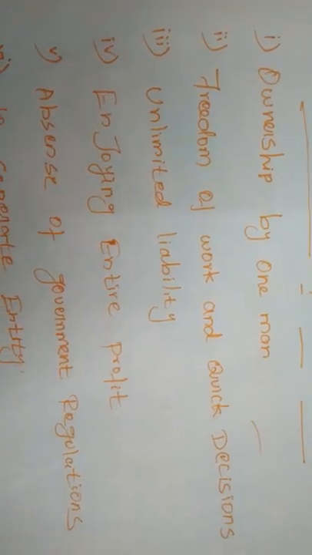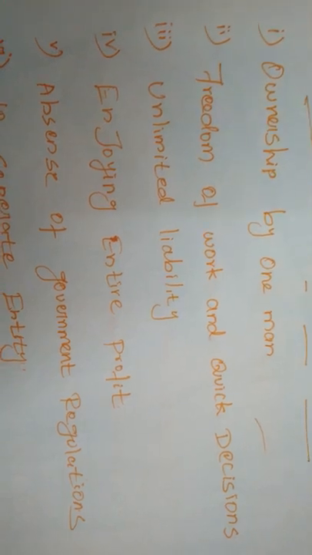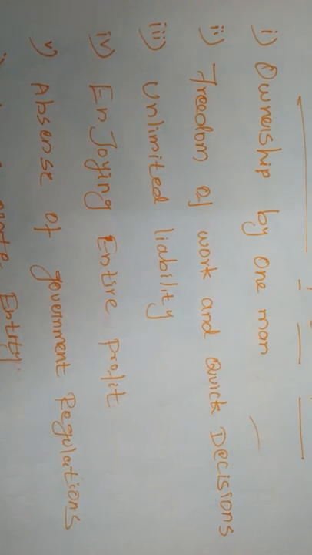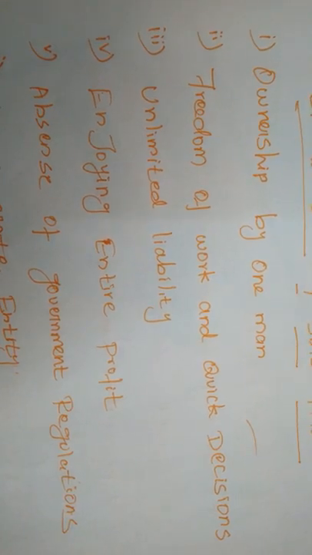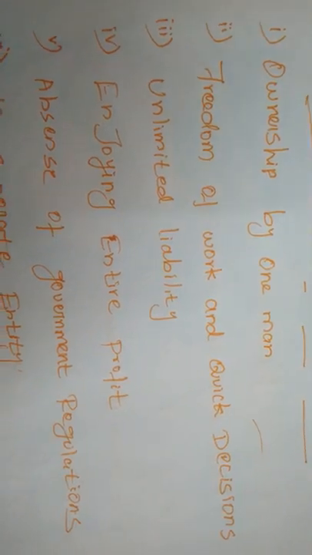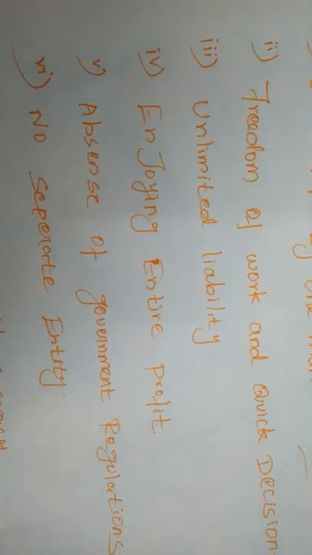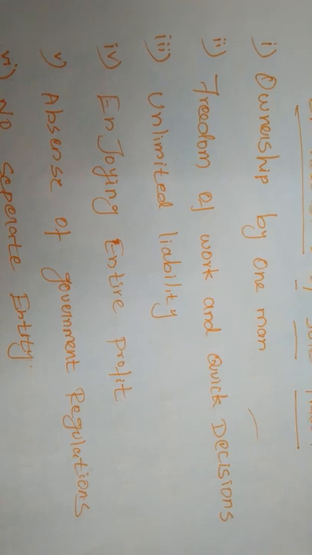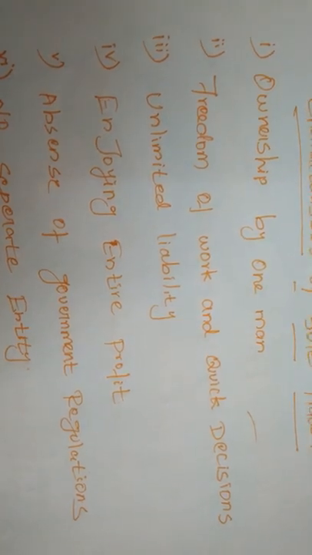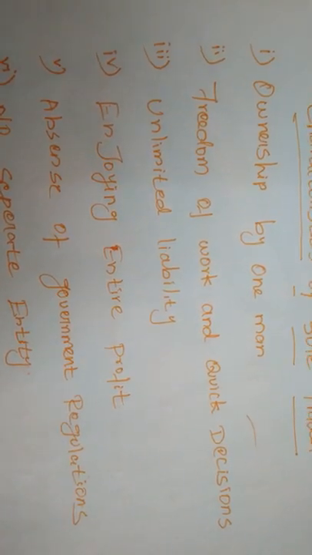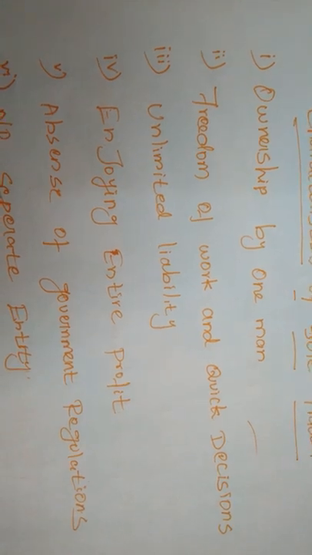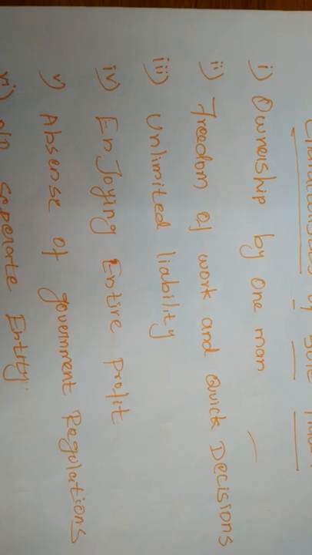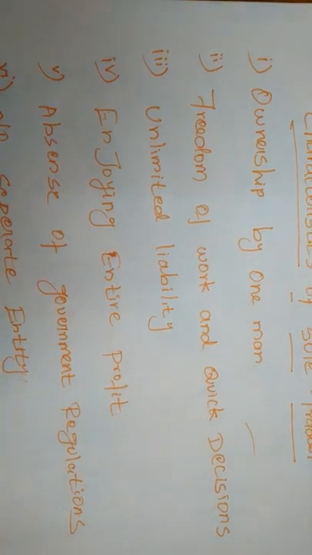As he provides all the required capital as a single man, only he has the right of ownership. The sole trader contributes the required capital, so he is not only the owner of the business but also manages all the entire affairs.